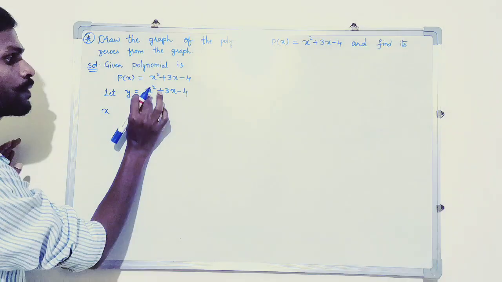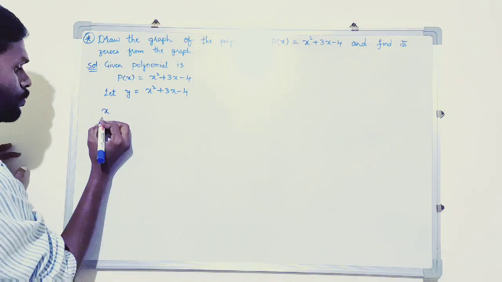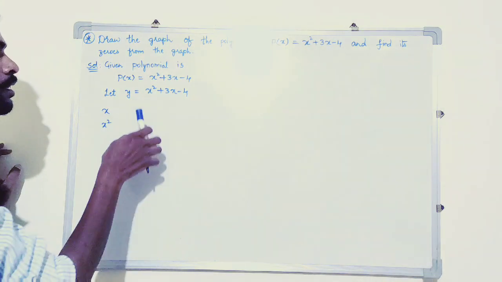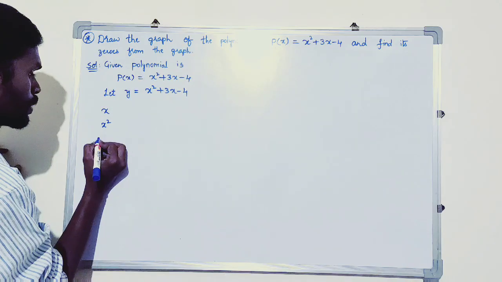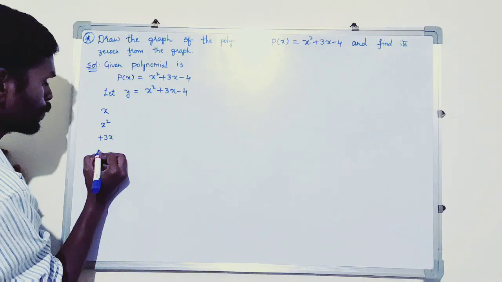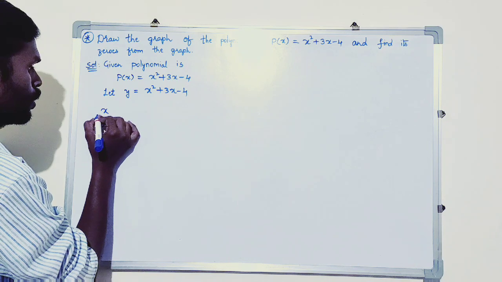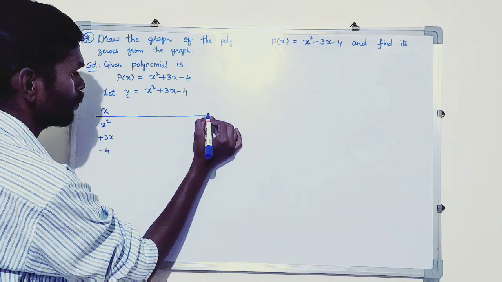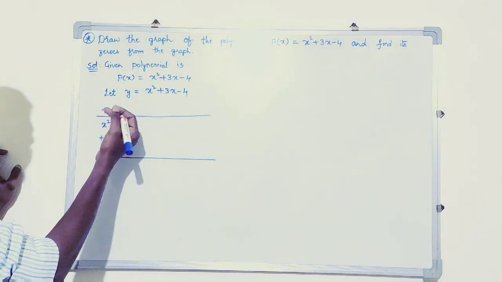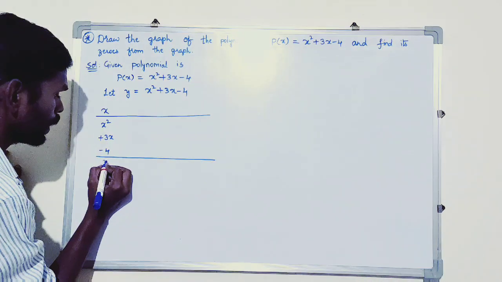Afterwards, what is the first term here? x square. Next, plus 3x. Next, the constant term minus 4. Now see, if I add all these, I am getting the value of what? y.